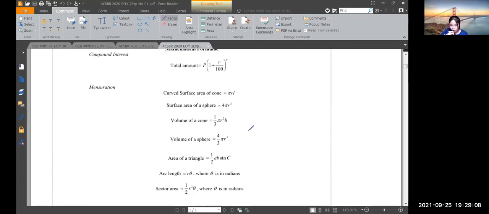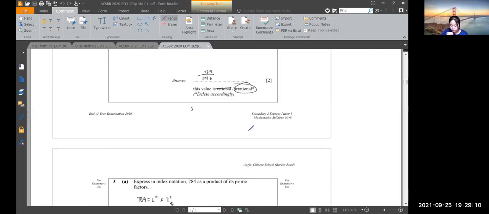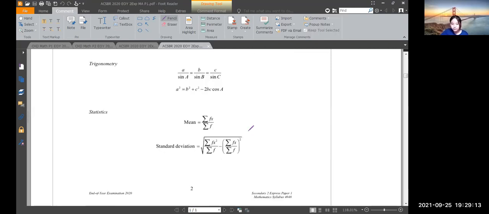So let me go quickly. Okay, they have the formulas here. Can you see? Yes, you have learned those 2 methods, the cosine rule and sine rule. So that means you are supposed to know them.